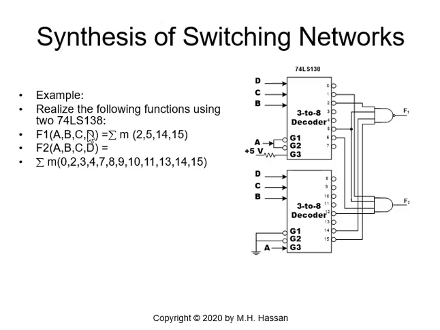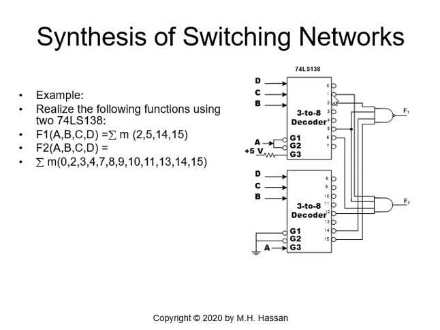So here we need to implement F1, which is the sum of minterms 2, 5, 14, 15, and F2, which is the sum of the minterms 0, 2, 3, 4, 7, 8 up to 15. So the question is how we implement those functions.